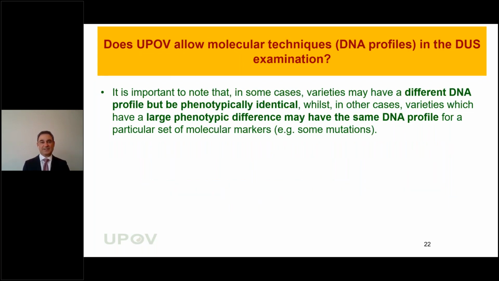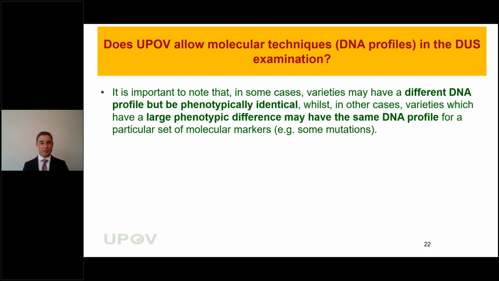Of course, this is a rather superficial answer, and we also have another answer, providing a bit more detail to explain the situation. And the question is whether UPOV allows molecular marker techniques in DUS examination. It is important to recall that in some cases, while varieties may have different DNA profiles, they may be phenotypically identical.